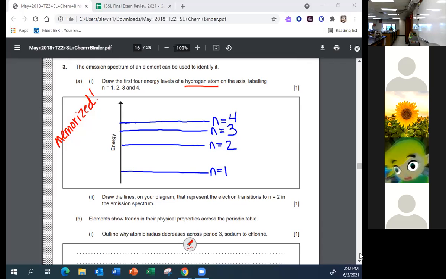There's a violet, a blue, a teal, and a red. Okay, so let's think about that. We don't have to talk about colors for this one, but all of these transitions are the result of electrons going down to energy level 2, okay? So how do you go down to energy level 2? You had to either start at energy level 3 or energy level 4.